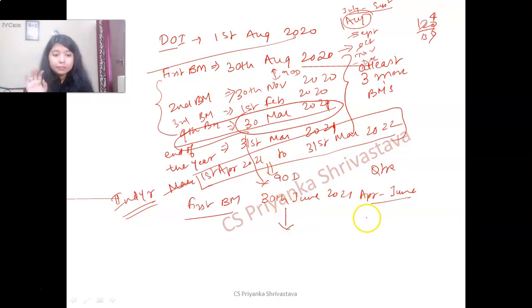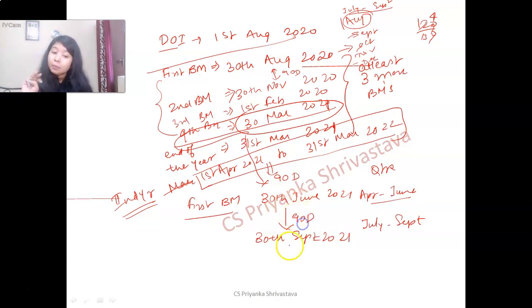Okay, it's enough. Then the second quarter is July to September. In this I have done a board meeting on 30th September. So 30th June to 30th July, 30th August, 30th September, again 90 days.